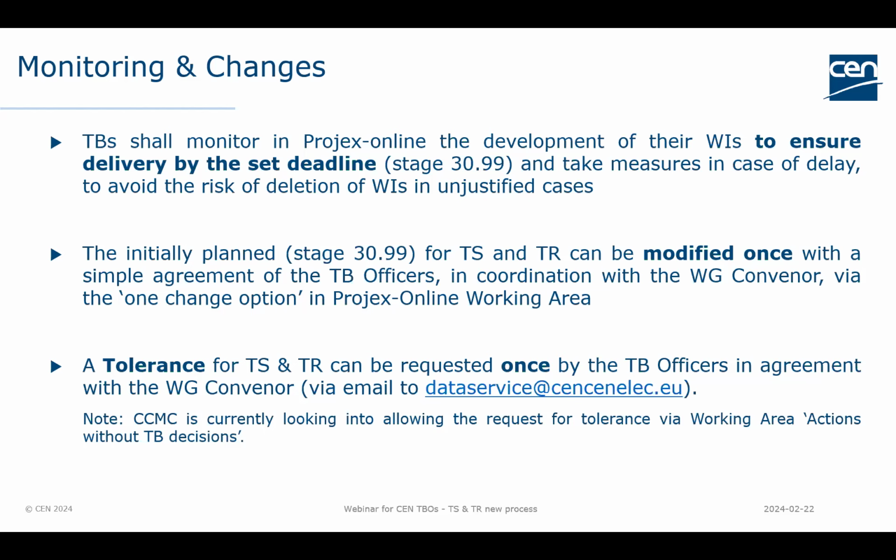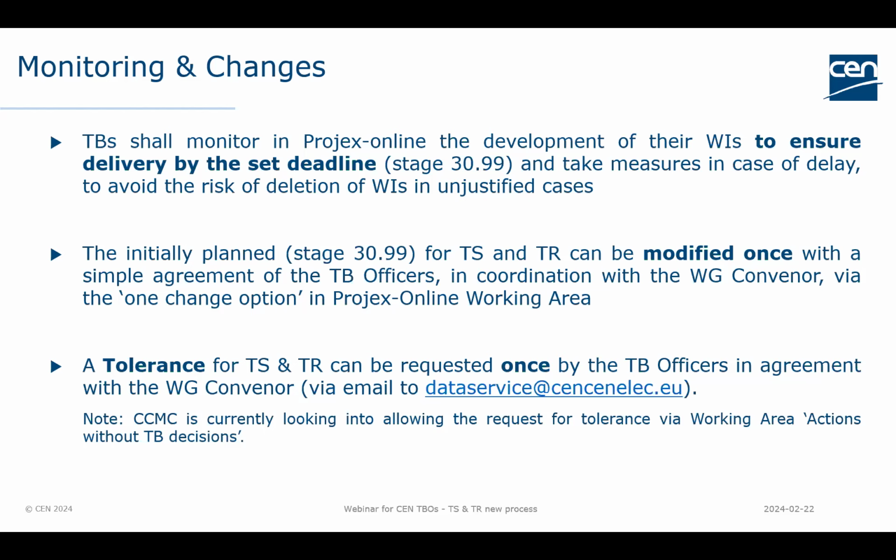Yeah, before. And of course, the use of the projects online working area is for CEN TC. For the secretaries of CEN-like JTC, you cannot use the one change option in the projects online working area, so you need to write to data.